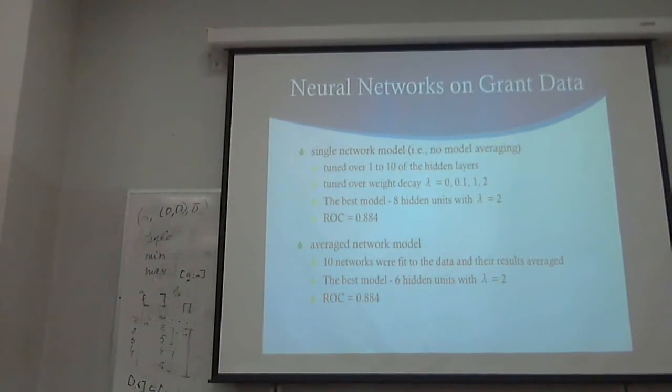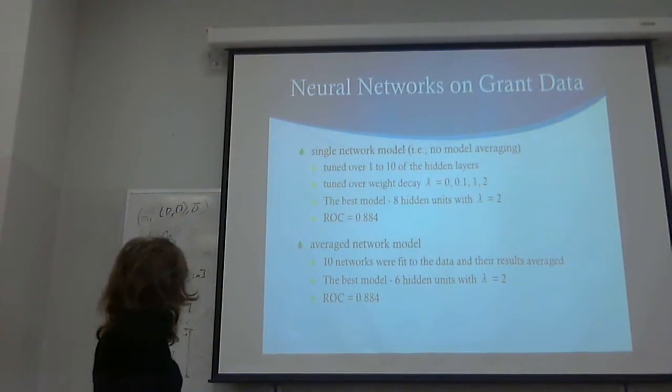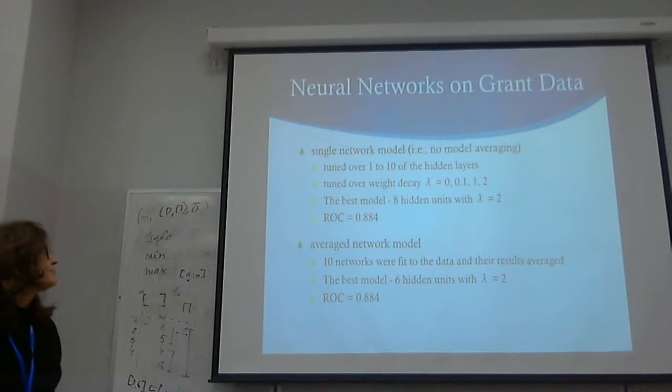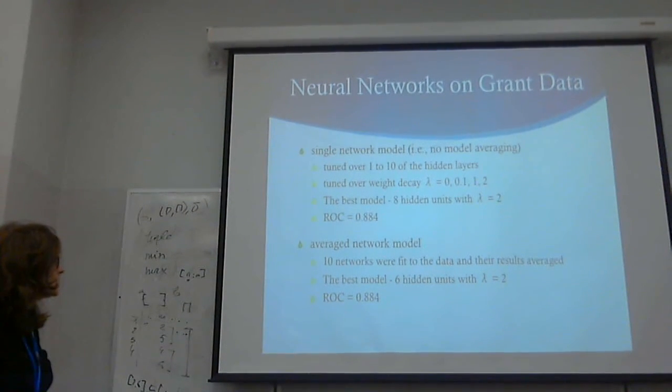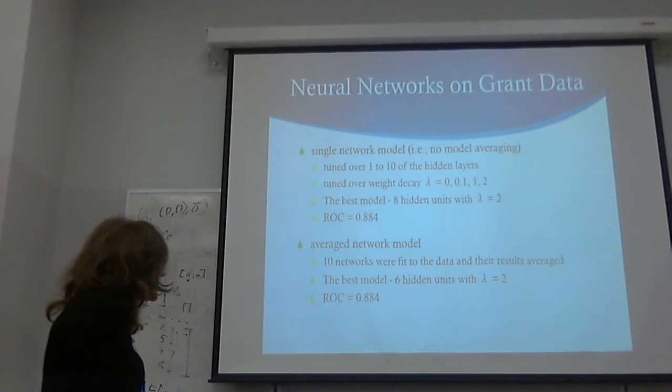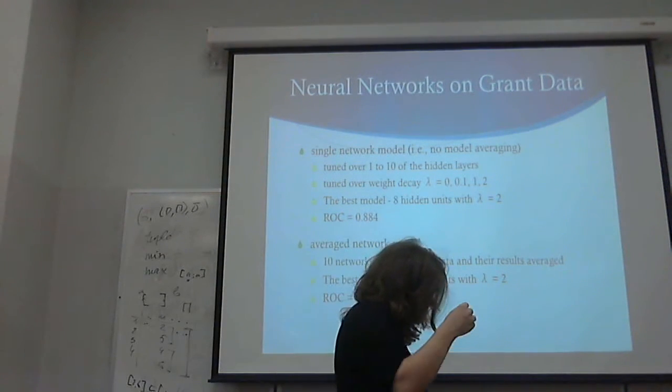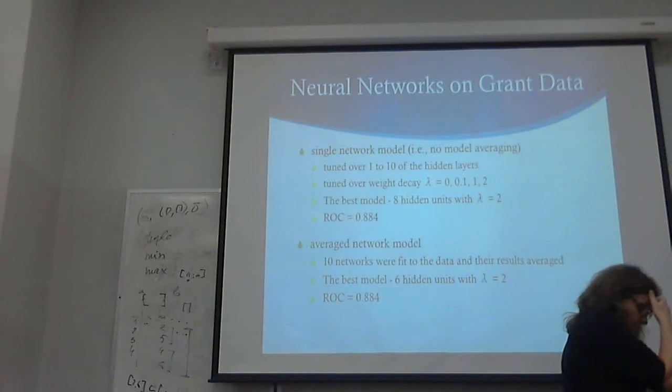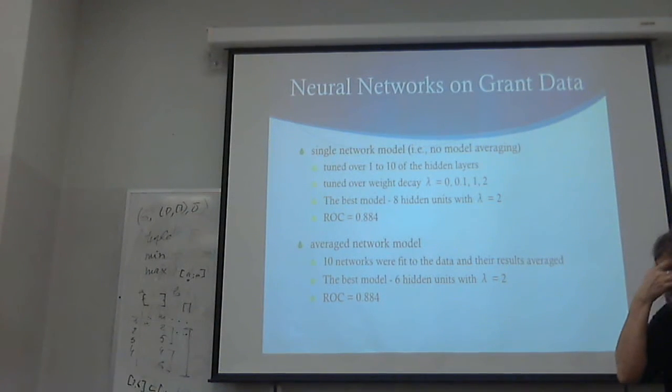Neural network for the grant data. We already mentioned that the best model was the 8 hidden units with the weight decay lambda and learning rate 2. And what are model-averaged neural networks? This is like an ensemble. An ensemble can also be done for neural networks.